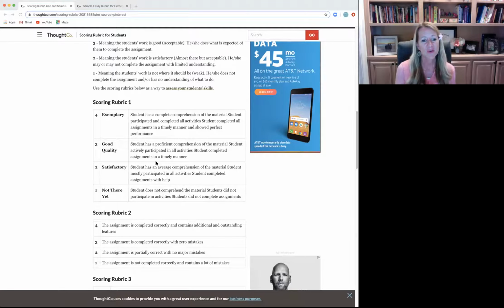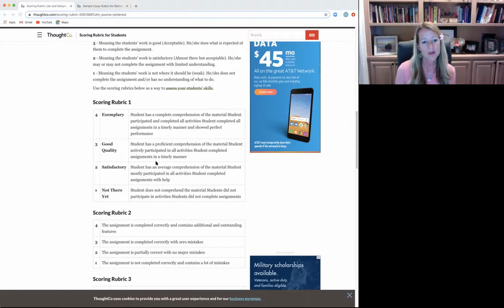If they are going for good quality, which would be 3 points, the student has then proficient comprehension of the material and actively participated in all activities and completed assignments in a timely manner. So the only difference you see is complete comprehension versus proficient comprehension.